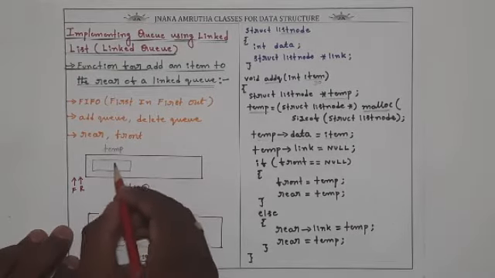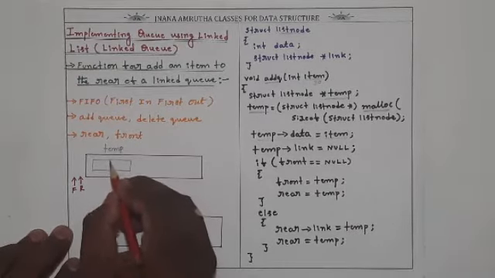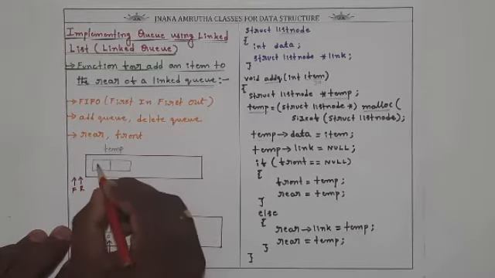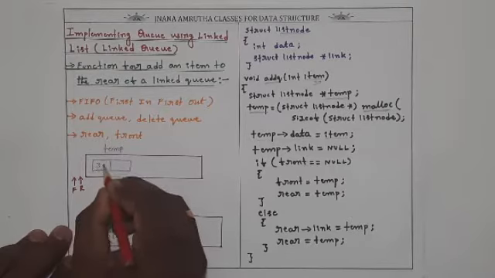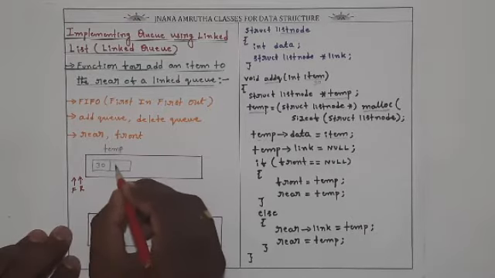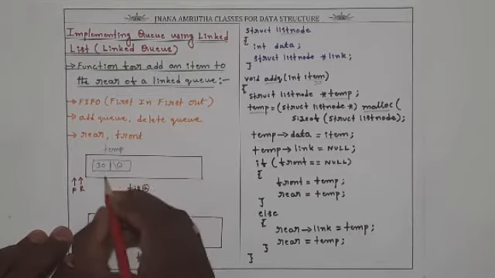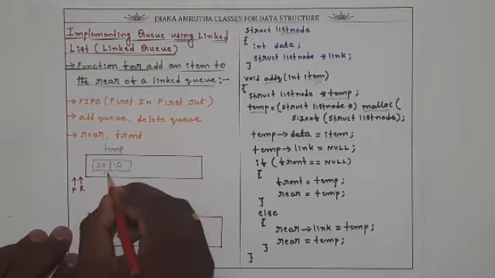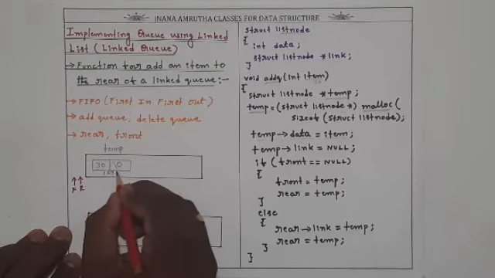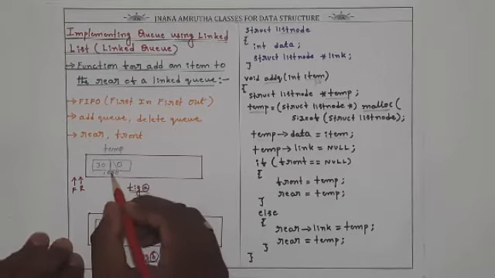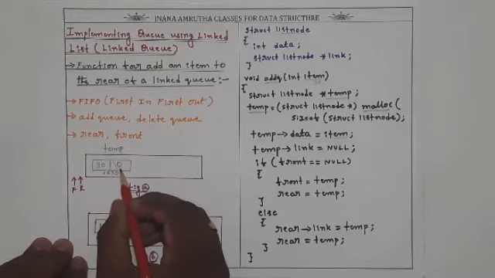After obtaining this node, first we need to place the data in the data field. For example, temp of data we assign the value 30, and initially temp of link field will contain null value, that is \0, and consider this address is 1030.